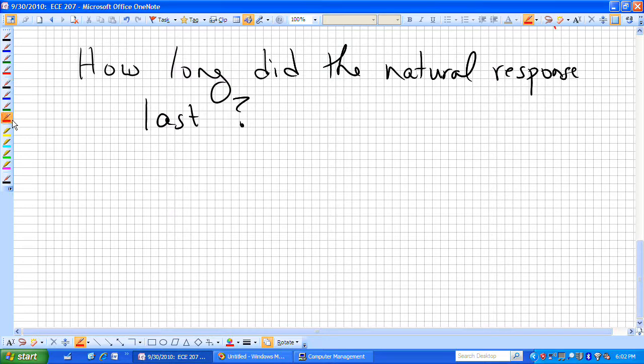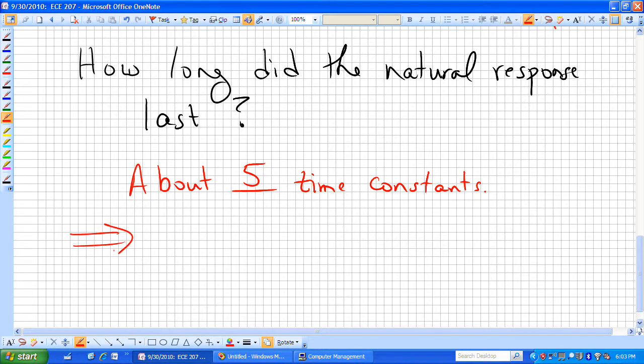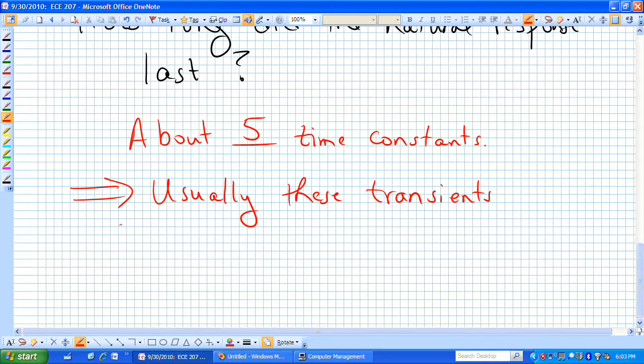Once we've identified the longest time constant, we would say, well, roughly then, after 5 time constants, our natural response has now gone away, or it only has lasted 5 time constants, which time constants in an electrical system are not very long, and that means that usually these transients disappear quickly.